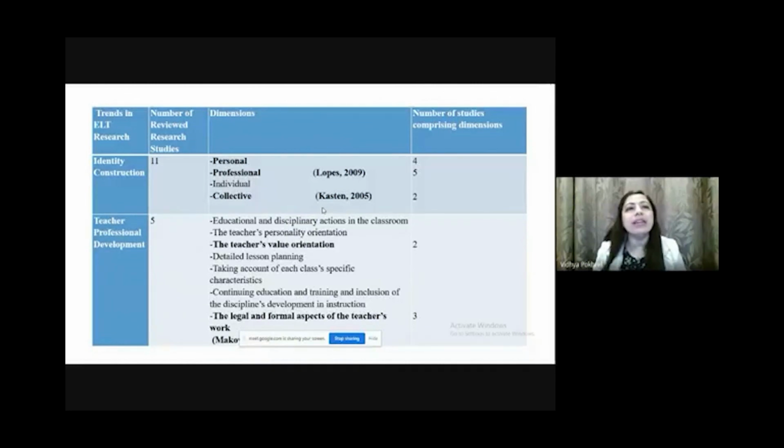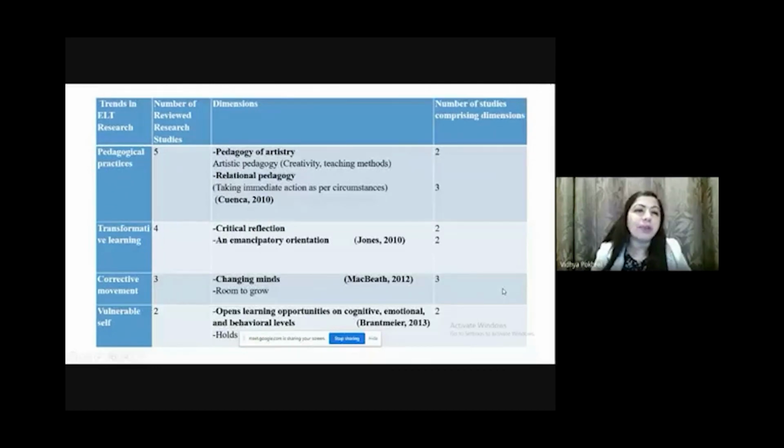I collected the journal articles related to ELT research using autoethnography, and there I found that 11 of my studies are towards identity construction, and 5 are towards teacher professional development, 5 are towards pedagogical practices, 4 are towards transformative learning, 3 are towards corrective movement, and 2 are towards vulnerable self.